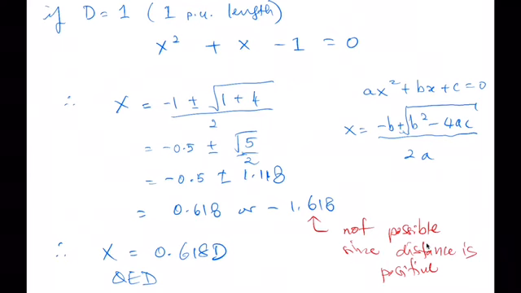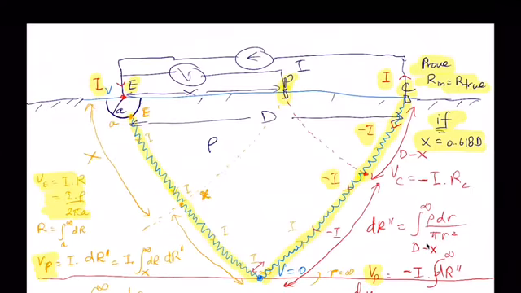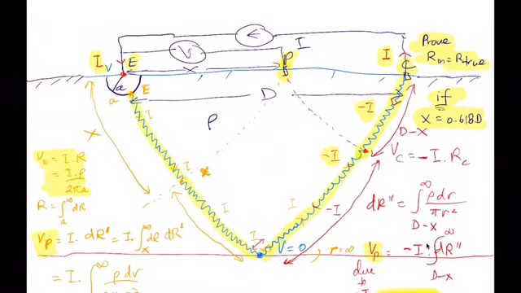Understand? Yes. So meaning to say, you can get V divided by I, which is the voltage measured divided by current injected, giving a resistance value.